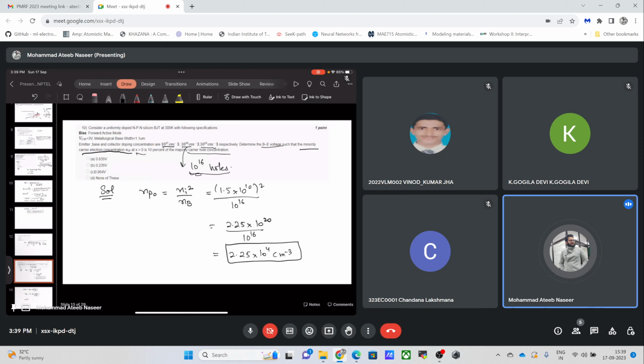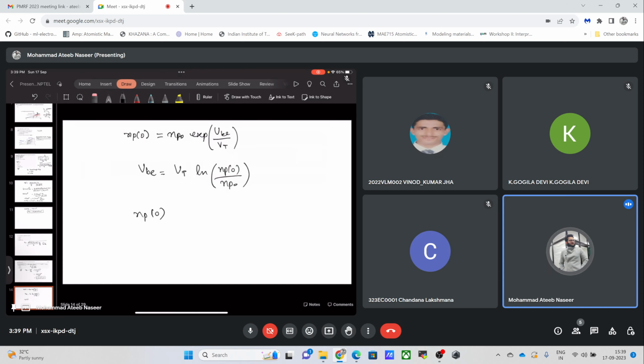So 10% of this is the minority carrier concentration at x equal to 0, which is 0.1 into 10 to the power of 16, which is 10 to the power of 15 per centimeter cube.